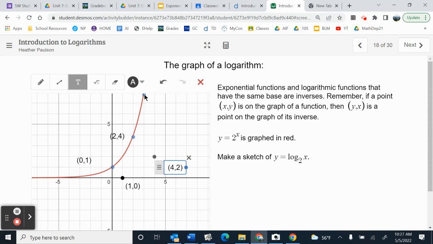Okay, and the last point that I'm going to use is up here. Those coordinates are 3, 8. And so what I'm going to do is plot 8 and 3.